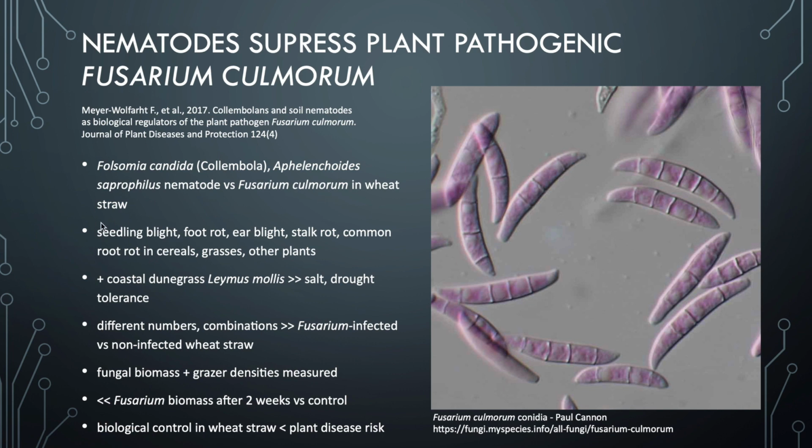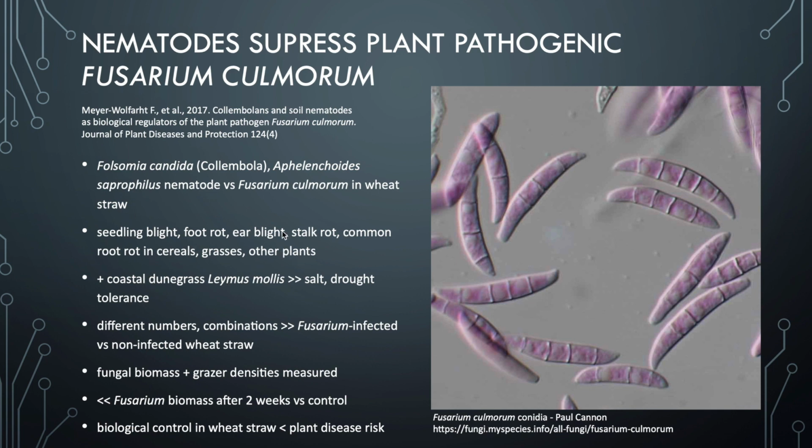This is an interesting organism as it is able to produce symptoms in plants ranging from seedling blight to foot rot to ear blight, stalk rot, common root rot in cereals, grasses, and other plants.